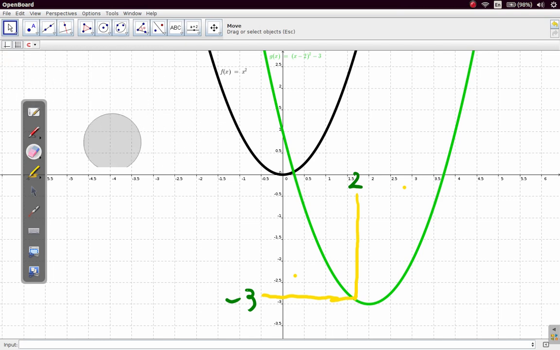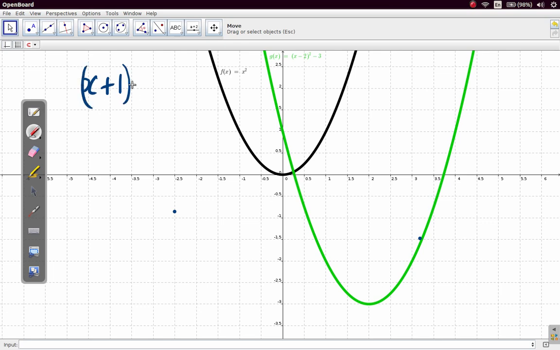Now the black graph will remain where it is. As for the green graph, suppose we have (x plus 1) squared plus 1.